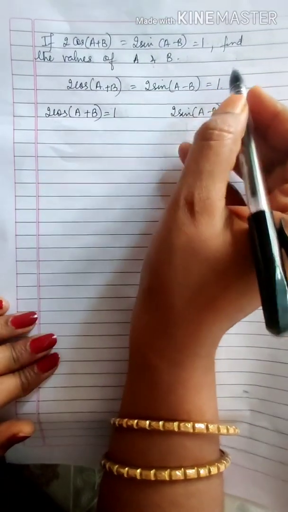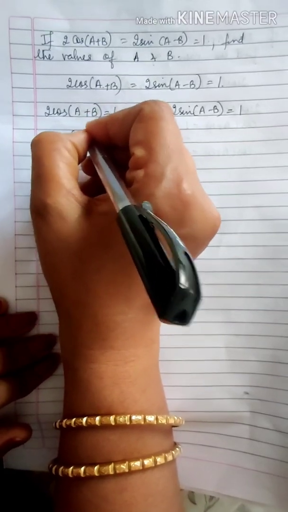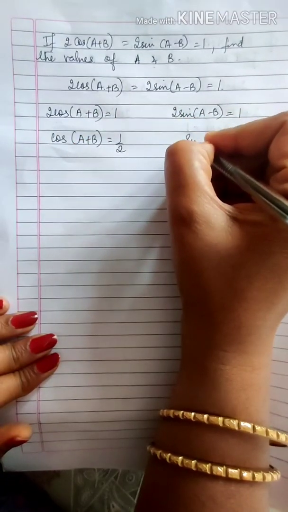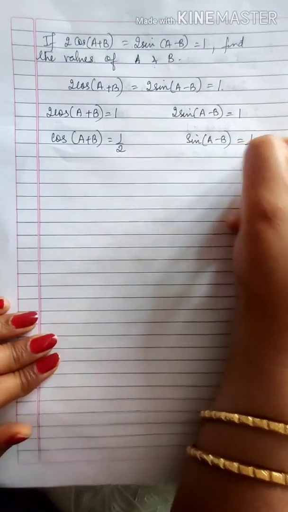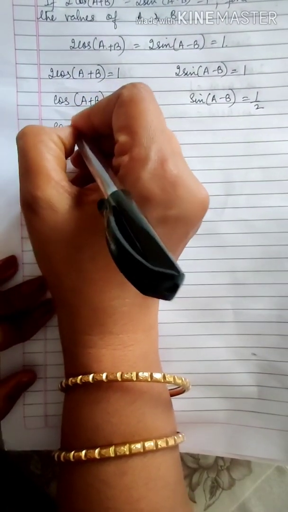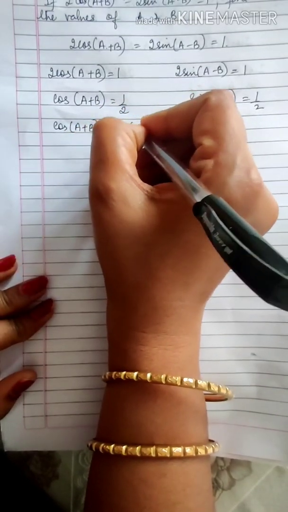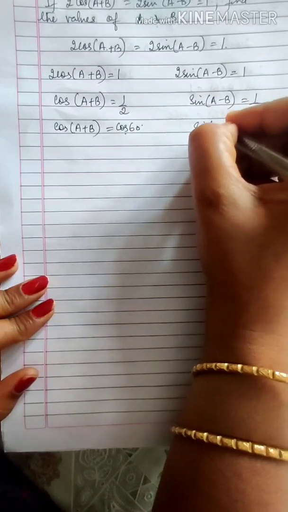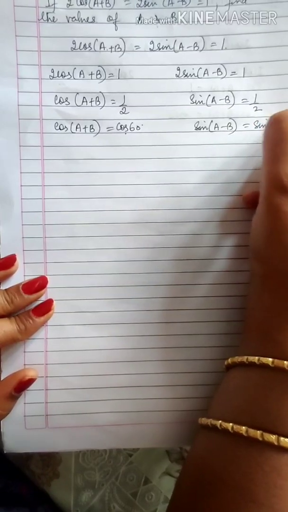Here both the expressions are equal to 1. So you get cos of A plus B is equal to 1 by 2 and sin of A minus B is equal to 1 by 2, transposing 2 to the right hand side. Cos of A plus B is equal to cos 60, because the value of cos 60 is half. Similarly, sin of A minus B will be equal to sin 30.